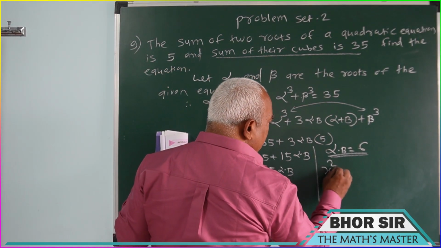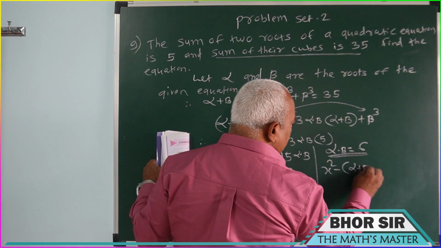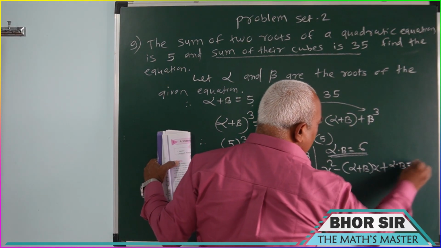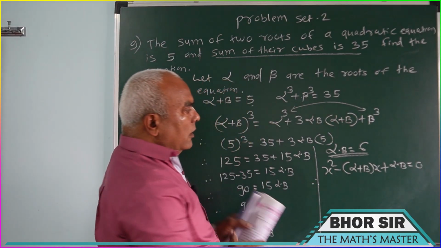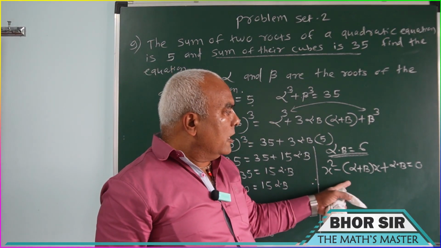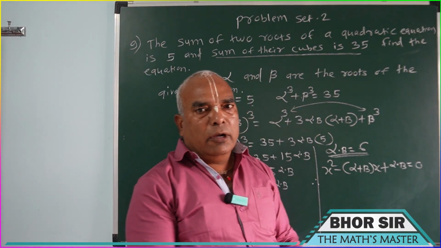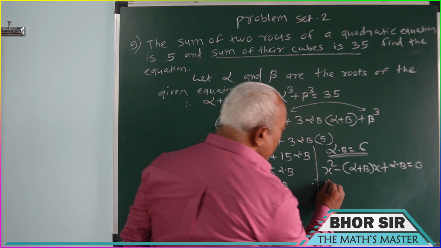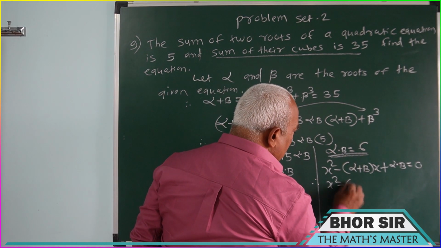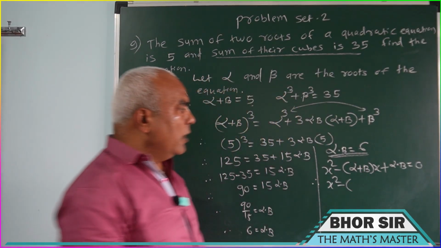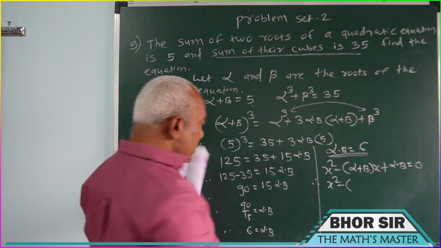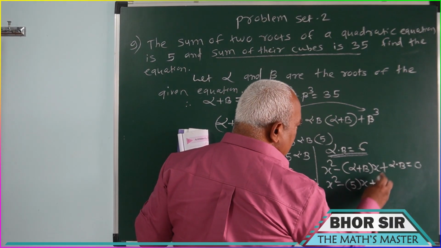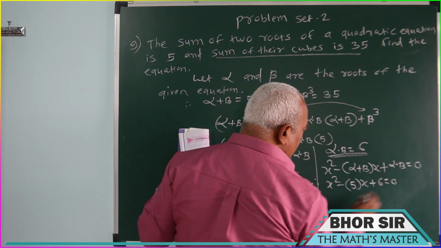Now we know the equation x square minus (alpha plus beta) x plus alpha into beta is equal to 0. This is the formula to make a quadratic equation when alpha and beta are the roots. Now alpha plus beta we know is 5, so it will be 5x, and plus alpha into beta, 6, equal to 0.